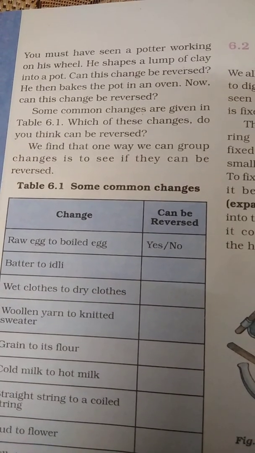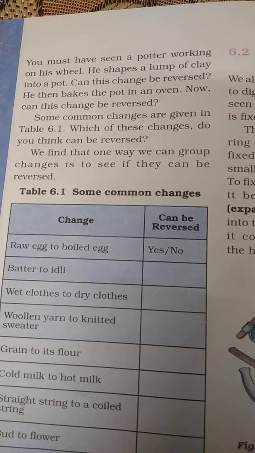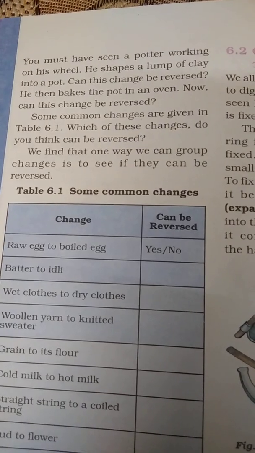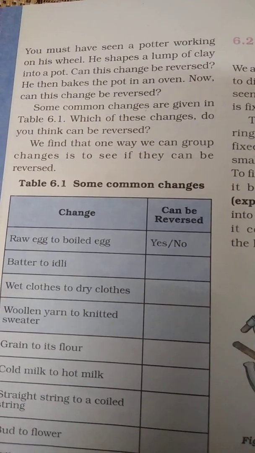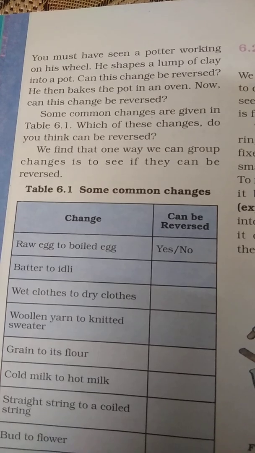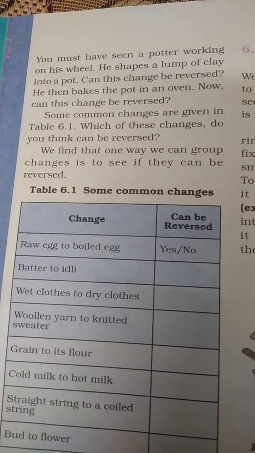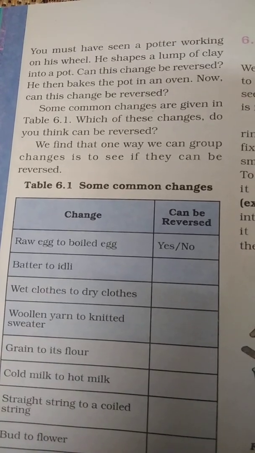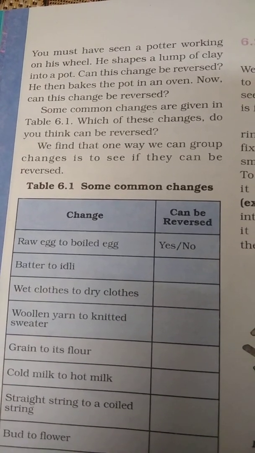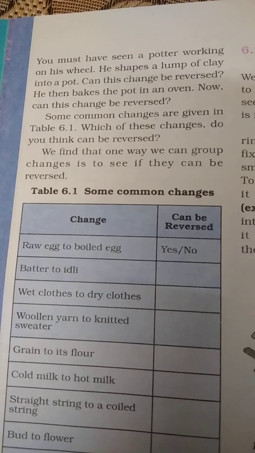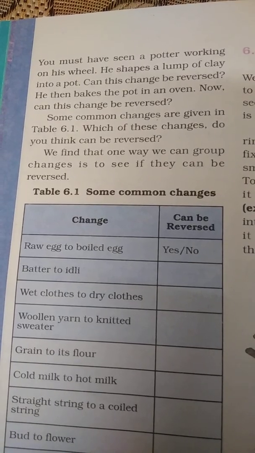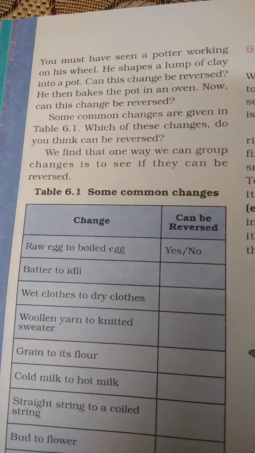For that he shapes a lump of clay into a pot. From the pot, can we get the clay again? Before baking, if we remove the pot, we can get the clay. After baking, it keeps its shape and becomes a hard pot, so we can't get the clay back. So this change cannot be reversed.